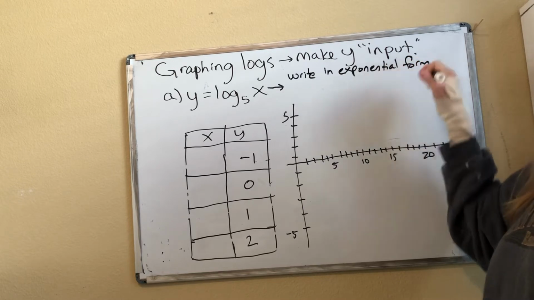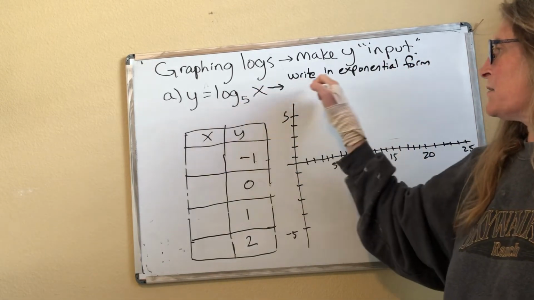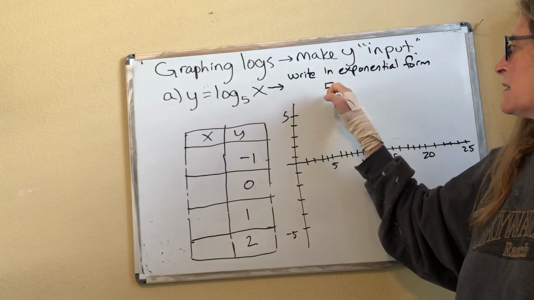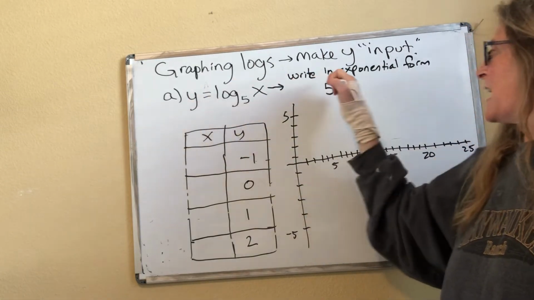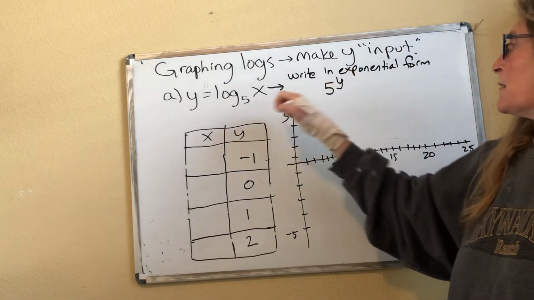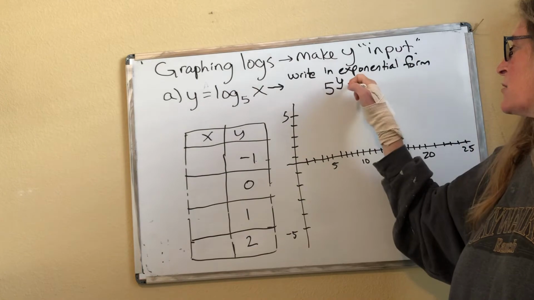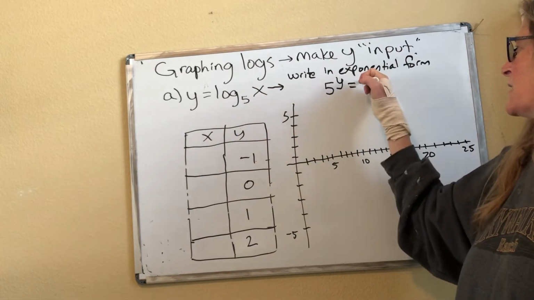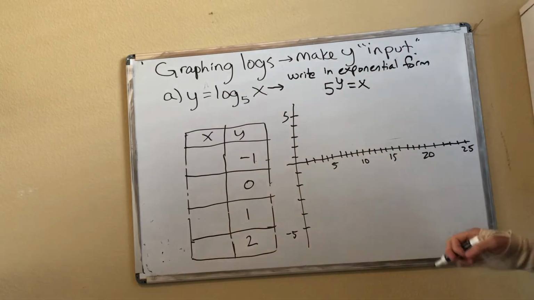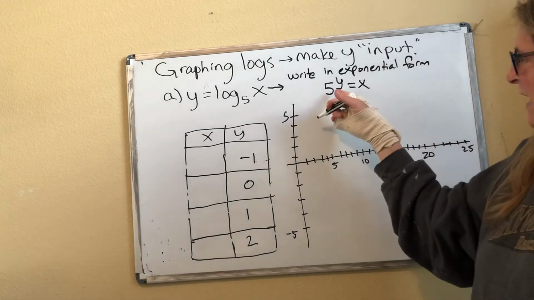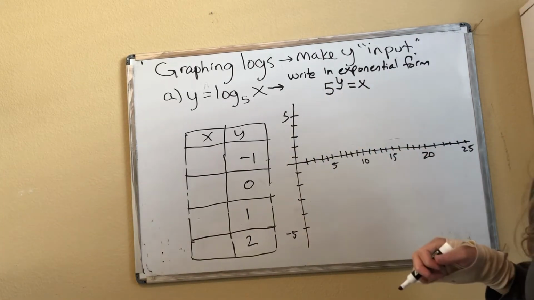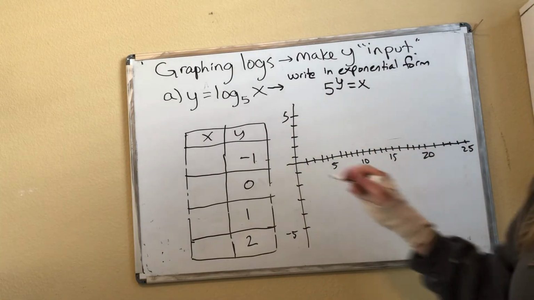If you remember, this is the base, the 5. The Y is the exponent, and the result is on this side. See how it makes sense here. If I have 5 to the Y equals X, it makes sense to plug in the Y values.